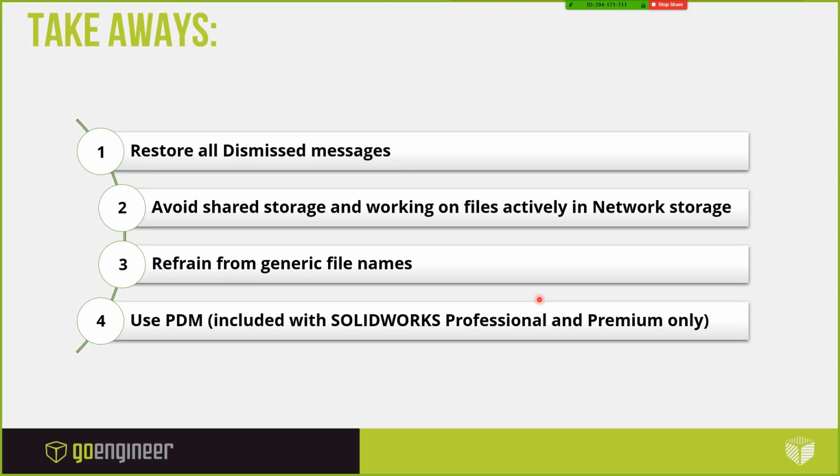Also keep in mind to avoid shared storage or network storage for your files while you're working on them live. Do a Pack and Go and then make a copy on your C drive and work on those files. Try to stay away from using generic part names like part 1, assembly 1, or test 1, test 2. And then use PDM if you have it. Once again, it comes included with SOLIDWORKS Professional and Premium.